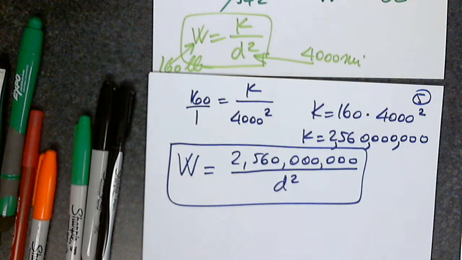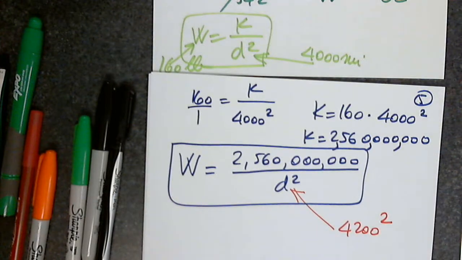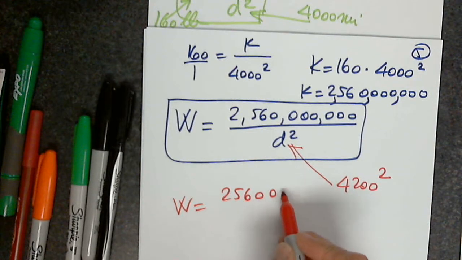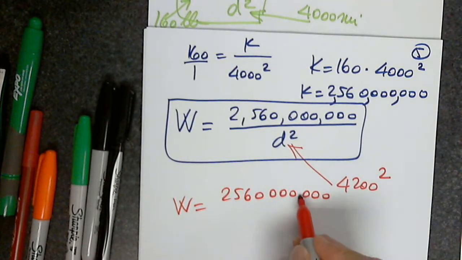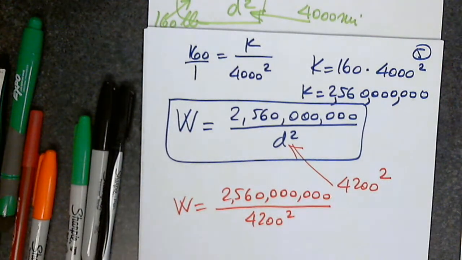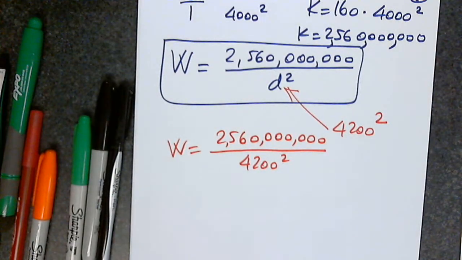So now we want to see how much that person is going to weigh up there, because he finds himself 4,200 miles away from the center of the Earth. So then W equals 2,560,000,000 over 4,200 squared. That will be his weight. Do you think it's going to weigh less or more? Less, of course.